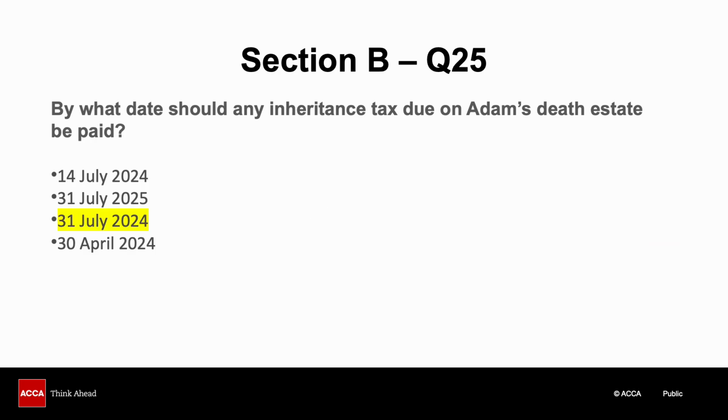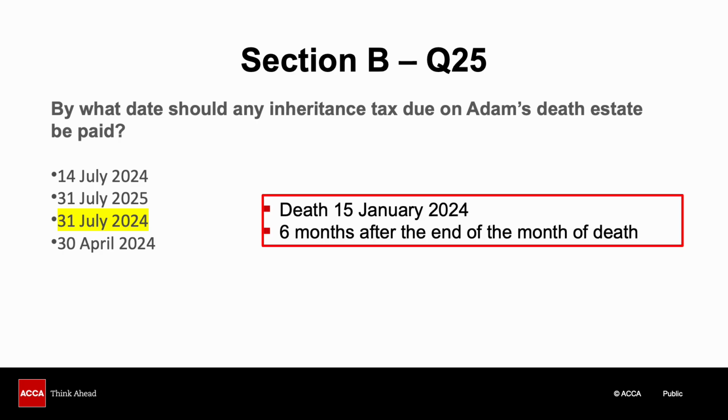One of the most common mistakes that I see students making when we're looking at inheritance tax and due dates is that they ignore the bit of the rule where it says after the end of the month of death. They remember the 6 months, but they forget the crucial words after the end of the month of death.